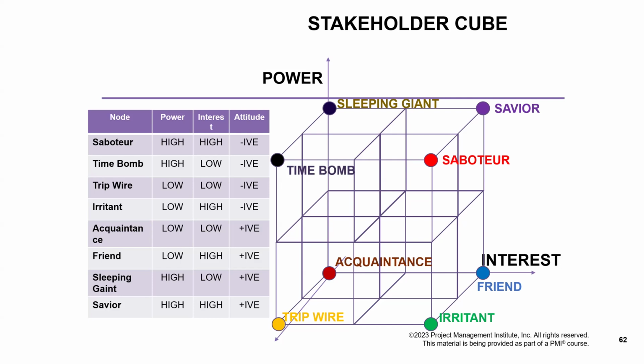Okay, what about a person who has got high power, high interest, no attitude? Probably this is the best kind of stakeholder I could think of. He has power, he has interest, he is the most important stakeholder, and he doesn't have any attitude. That is great. Savior. Then we have got a stakeholder who is kind of high in interest, low in power, and no attitude at all.